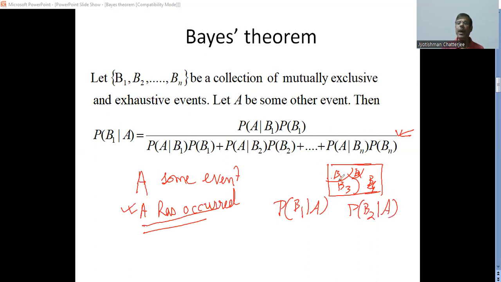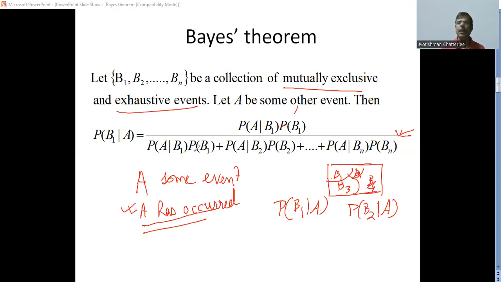You know, one of these four events must have occurred because they are exhaustive. Remember, exhaustive means what? At least one of them must have occurred. And because they are mutually exclusive, only one occurs. So always, B1 to B4, because they are mutually exclusive and exhaustive, exactly one of them must occur.